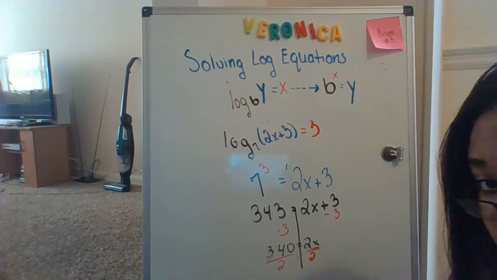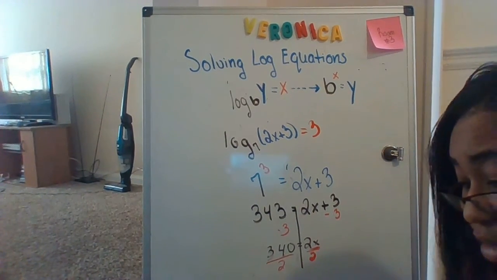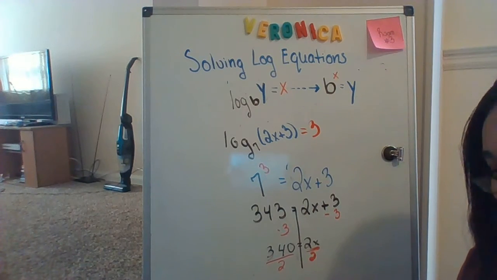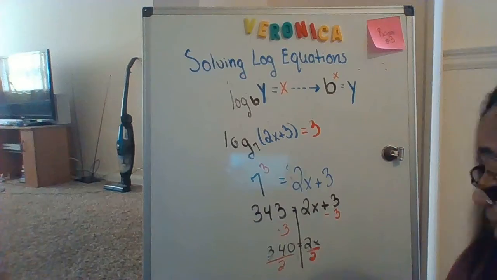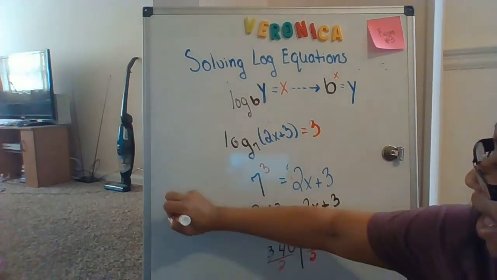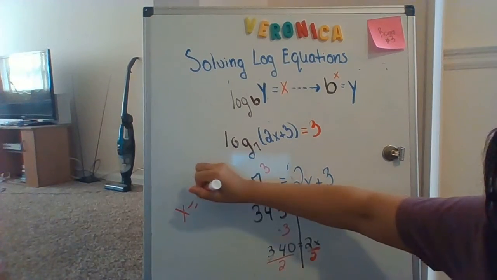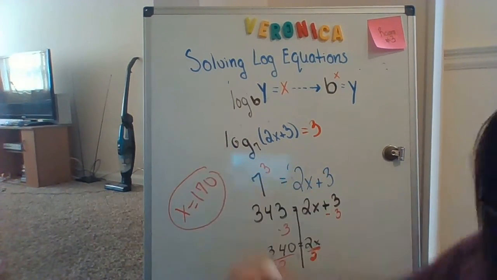And you could leave it as 340 divided by 2, or you could just do 340 over 2. And you can actually just say x equals 170. And that's how you solve the equation.